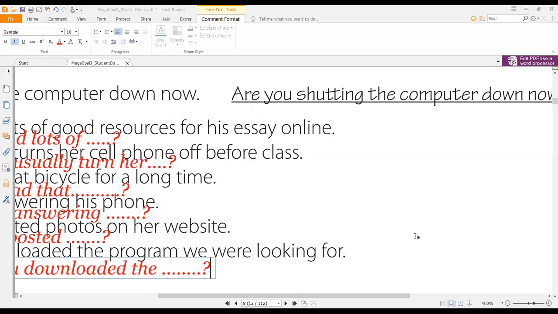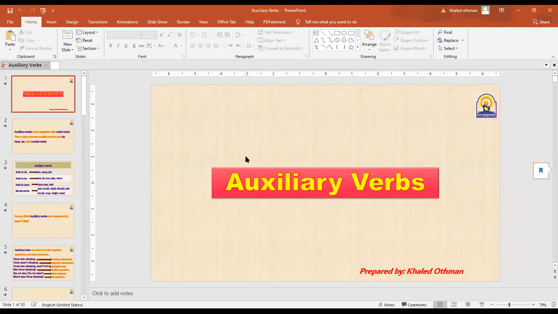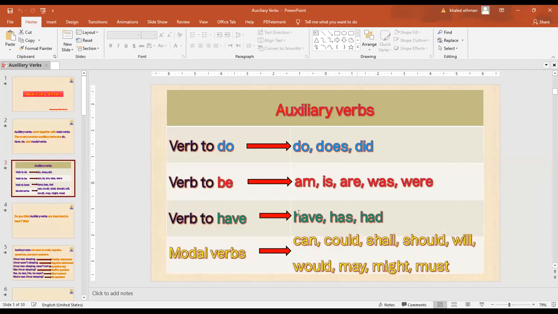Wonderful. Okay, guys. Now let's move to our PowerPoint presentation to have something new today. Let me show it for you. Of course, this week we are still dealing with the auxiliary verbs. I taught you what auxiliary verbs are: do, does, did, am, is, are, was, were, have, has, had, can, could, shall, should, and so on.